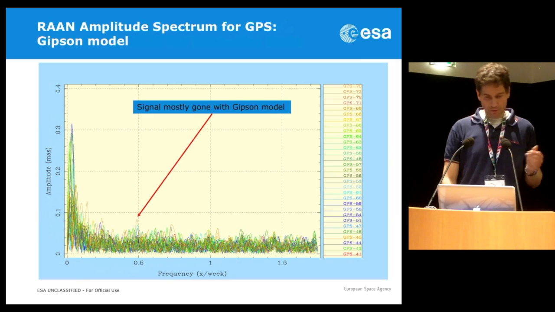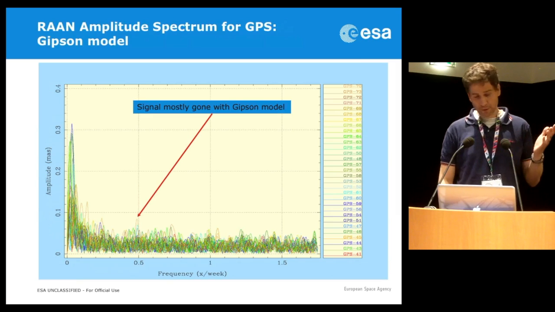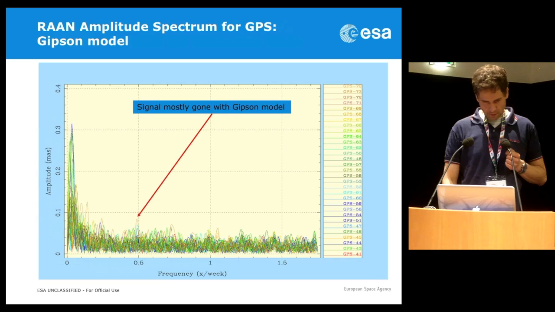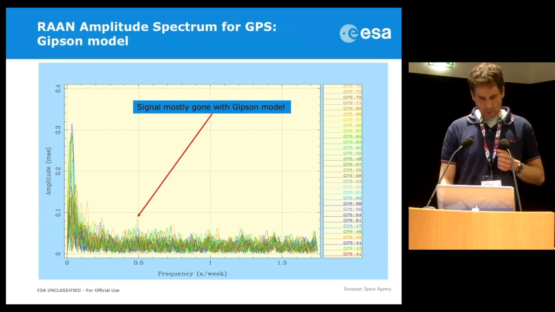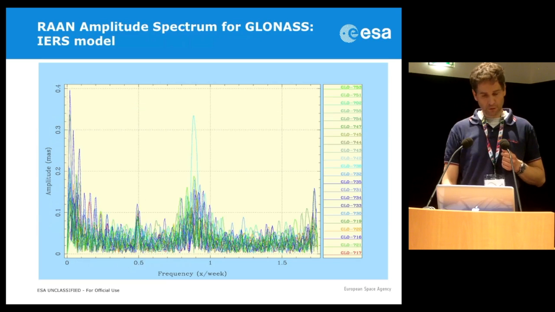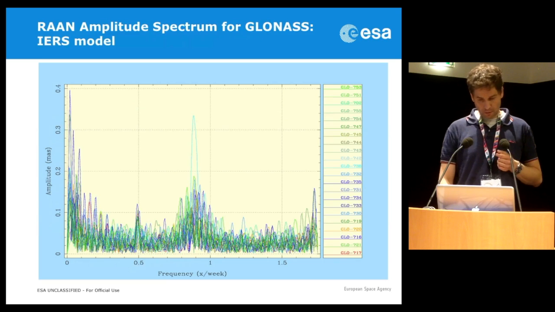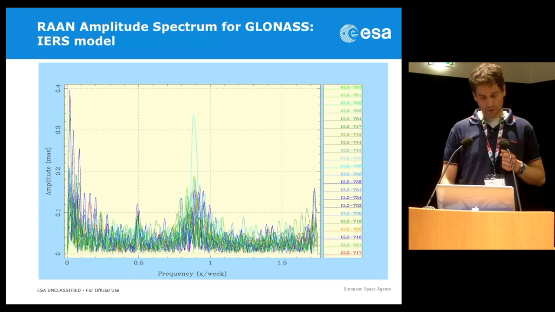Now, this was only GPS, and one could say, okay, GPS has a draconitic period and 12-hour orbit repeatability. So, is that really coming from the pole? So we now look into the GLONASS orbits. Again, processed first with the IERS model. You see again this pronounced peak at the 14-day period.